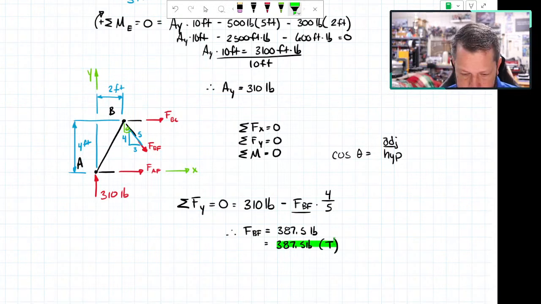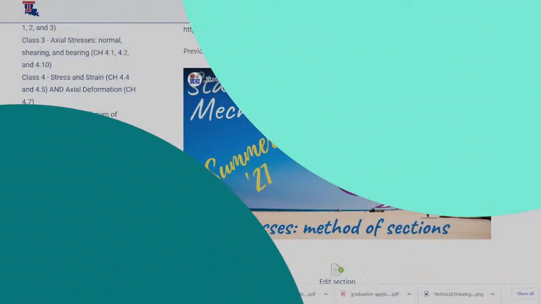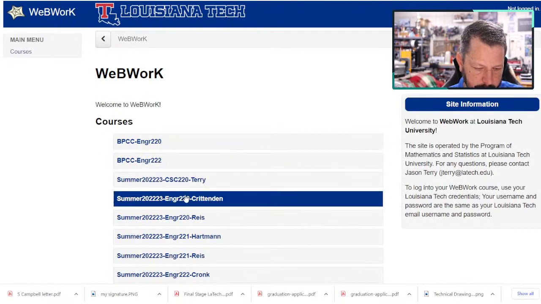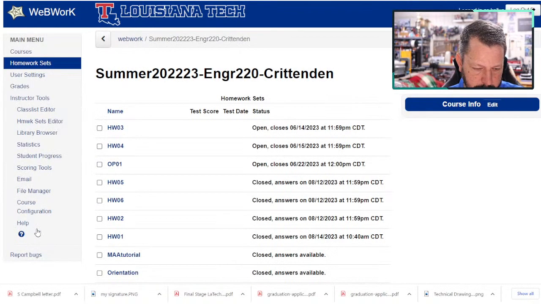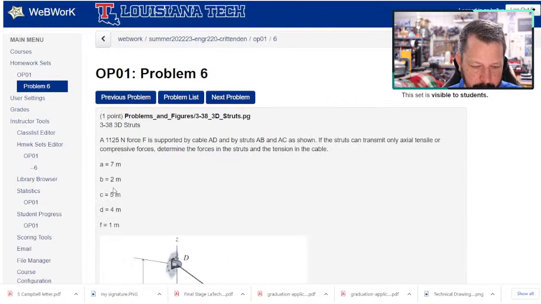All right. What now? Well, let's see if we can find a problem in WebWork to look at. Let's go to the optional problems and see if there's a truss in here that looks like it's set up for method of sections.